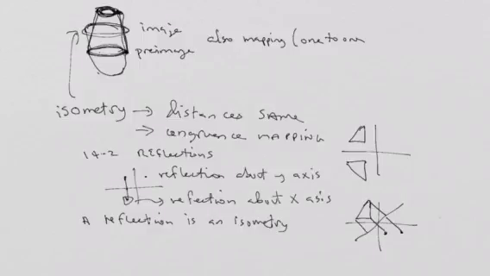I'm slamming this into the x-axis and I'm going again, same distance over there. And then, roughly speaking, that's my reflection of this triangle about the line y equals x. So yeah, I think I was saying the x-axis. I'm slamming all that stuff into the line y equals x. So that's a different type of reflection.